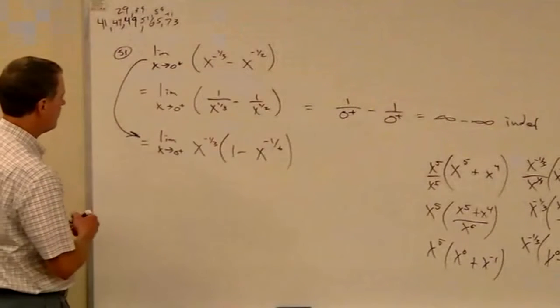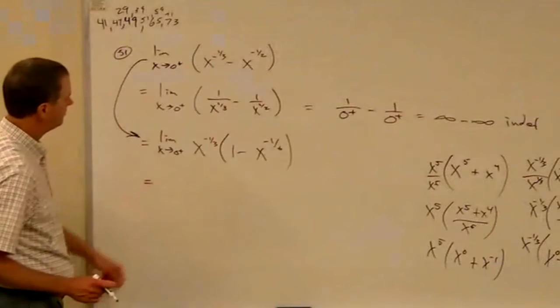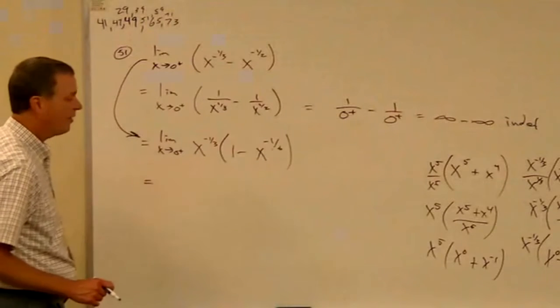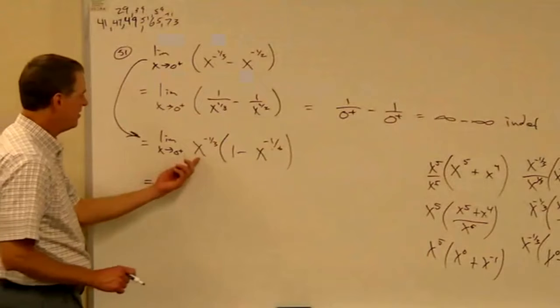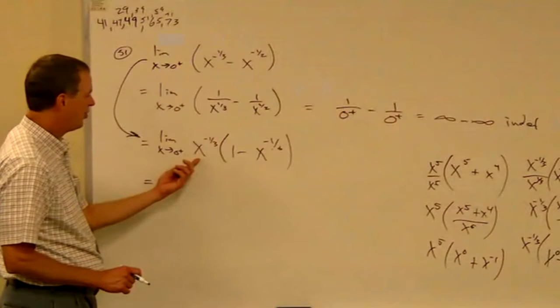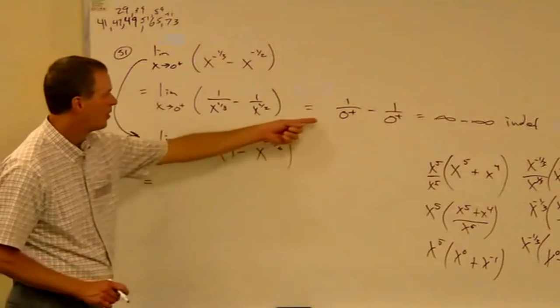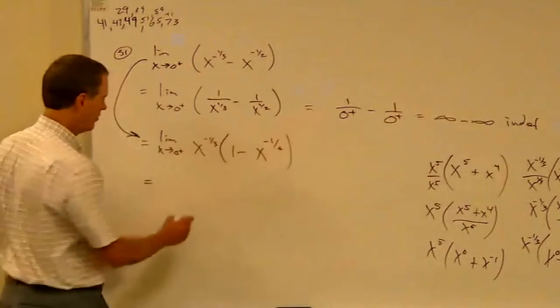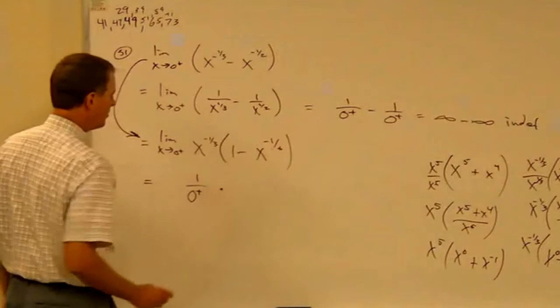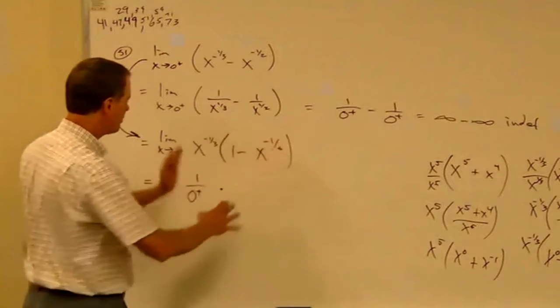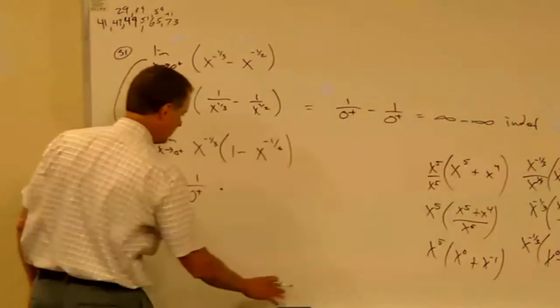Okay, so what do we have here now? This is 1 over 0 plus, like we saw a moment ago, times. I have to do the limit of this one, so I'm splitting my limit up into 2 pieces.